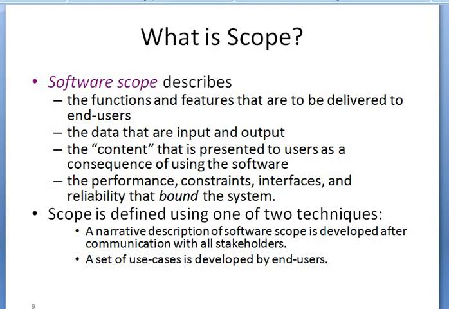Scope is basically defined using two kinds of techniques. First is a narrative description of software scope, which is developed after communication with all kinds of stakeholders. This shows to what extent we need to extend our project. Then a set of use cases is to be developed by the end users.